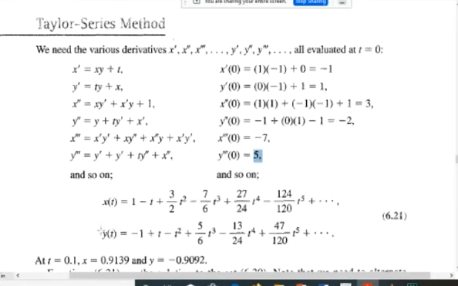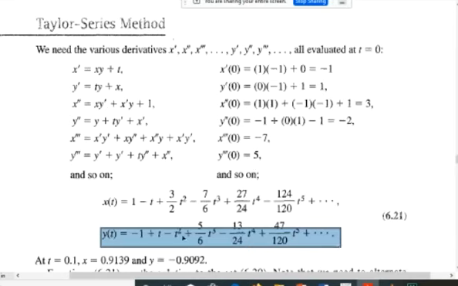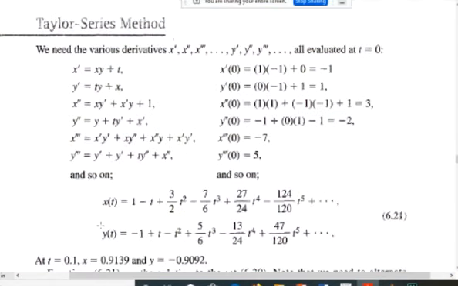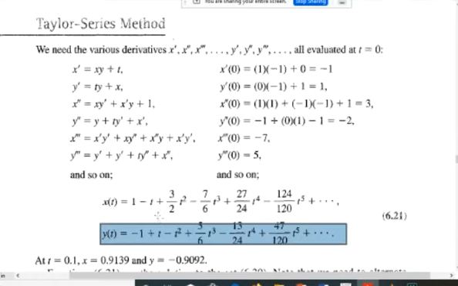We can find y in a simple manner: y0 is minus 1, y prime 0 is 1, y double prime 0 is minus 2, divided by 2 factorial is minus 1, times t squared, and so on. We continue this and find the Taylor expansion of y.